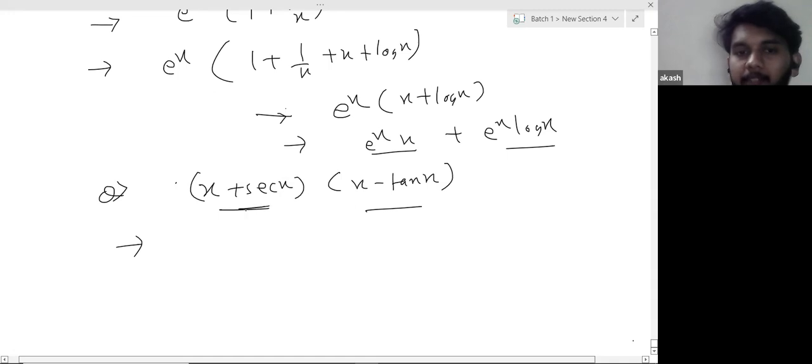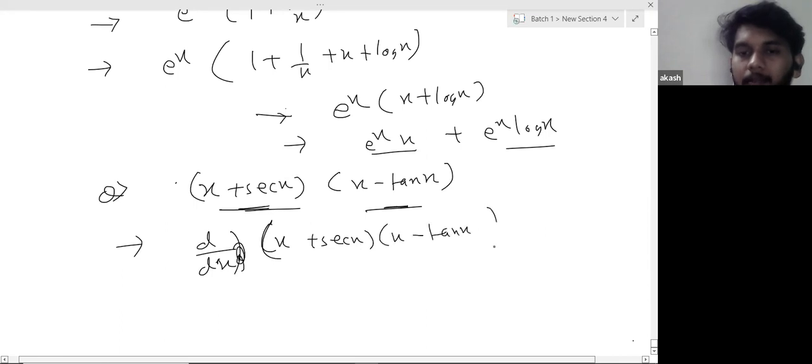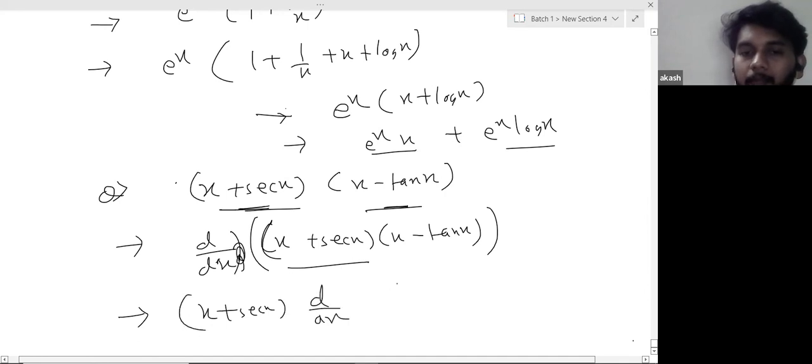All right, let's see. This is the first function, this is the second function. So differentiation of x plus sec x into x minus tan x, the whole of it. So what we want is first function into differentiation of second function, plus second function into differentiation of first function.